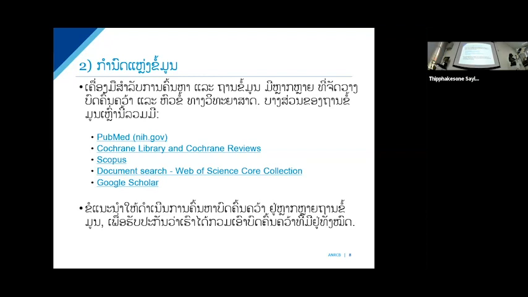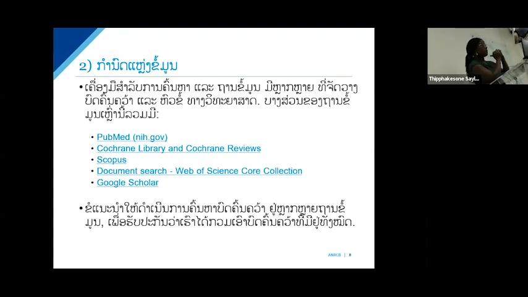But as you do your literature review, you start noticing that certain keywords appear more to describe your research topic or help you find the articles you want more than others. So you can always refine those keywords as well.